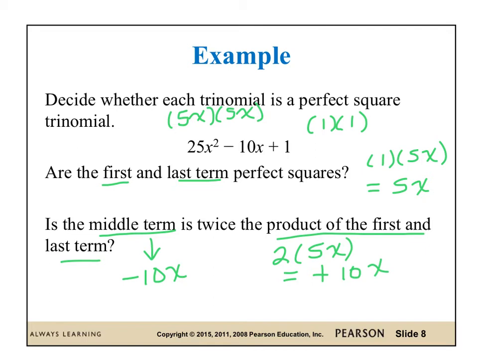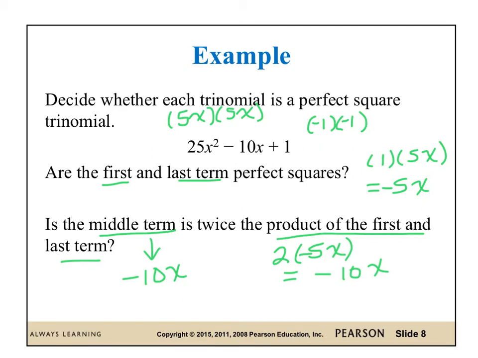Is it possible that we could have had a negative 10x? Well, suppose that 1 had been negative 1 times negative 1. Then this means that could have been negative 5x. And 2 times negative 5x is negative 10x.